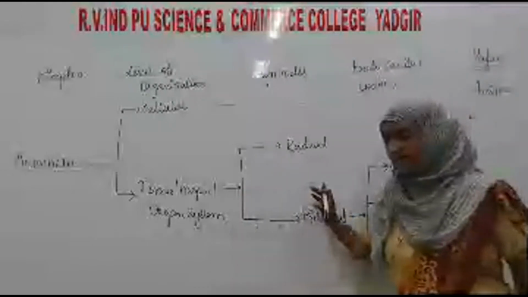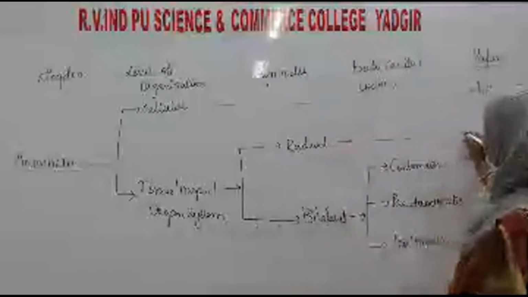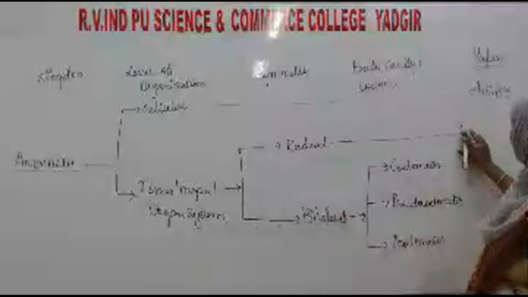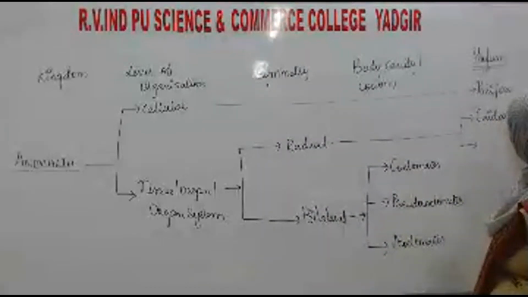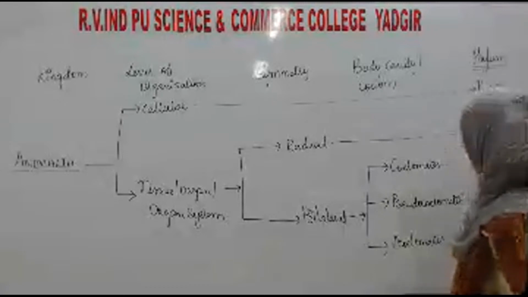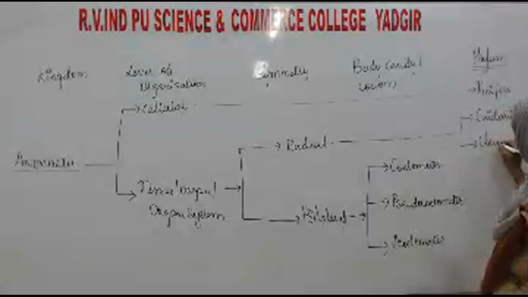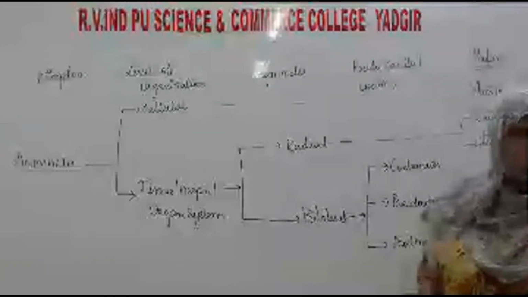Here you can see that there are two phylums. One is Cnidaria, which is phylum number 2, and Ctenophora.